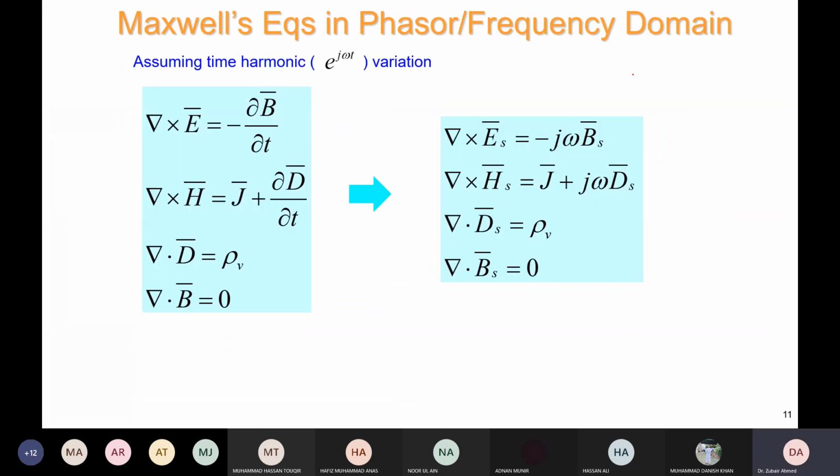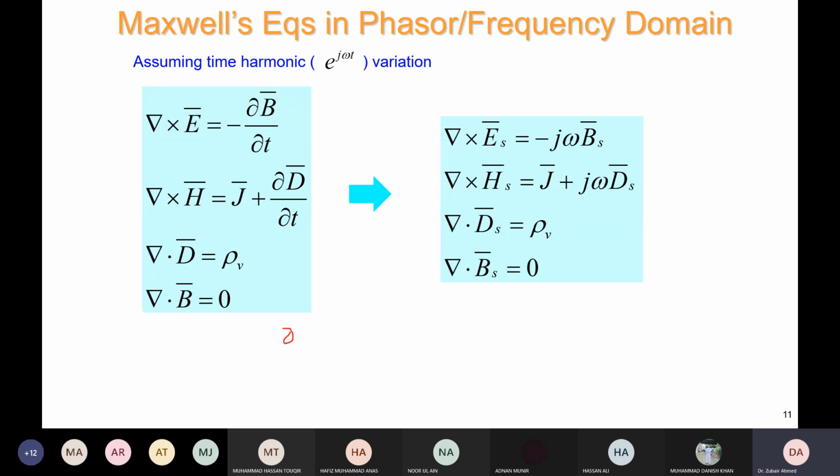Okay, next we want to convert the Maxwell equations into phasor or frequency domain. So we are again assuming time harmonic or exponential jωt variations of signals. So this was the Maxwell equation in point or differential form. Can anybody tell me that differentiation in time domain is equivalent to what?